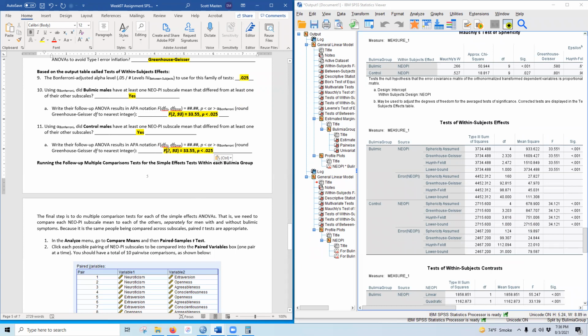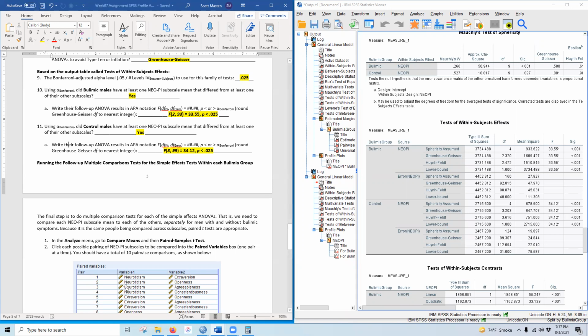That's what I'm getting. Let me make sure I'm doing this right. 3 and 99, yes, is equal to 34.12. And indeed, P is less than 0.025.